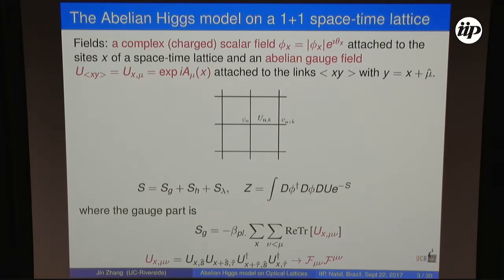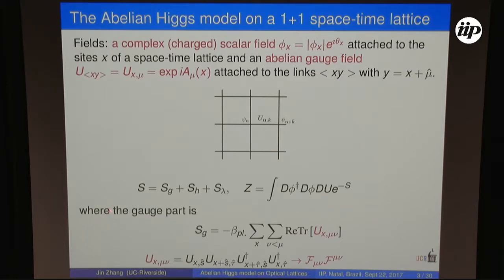On this lattice, the vertical line is the imaginary time direction, and the horizontal line is the space direction. The Abelian Higgs model has 3 parts. So this is the partition function of this action.